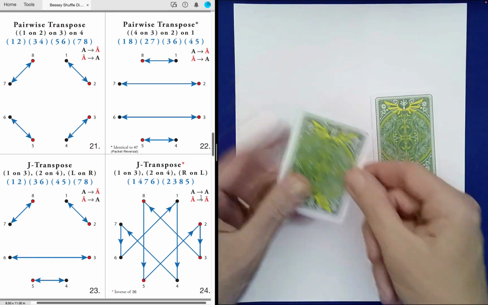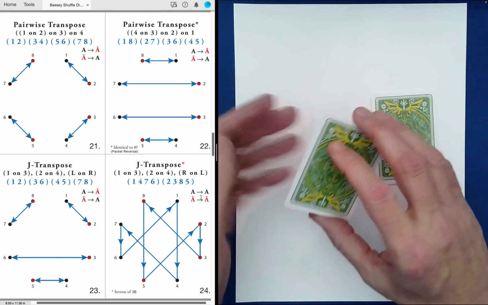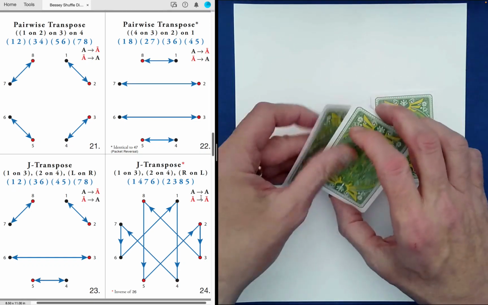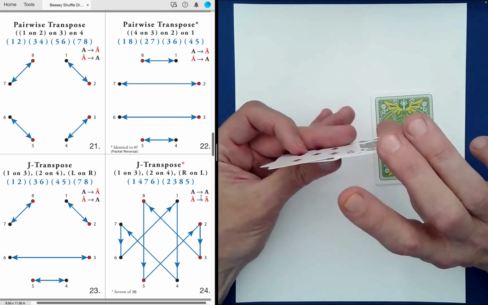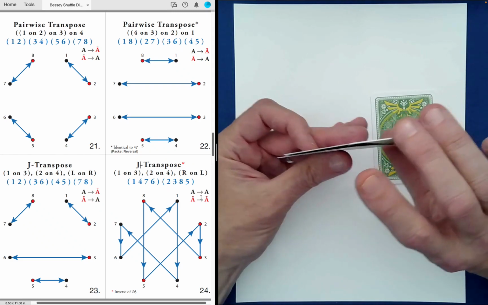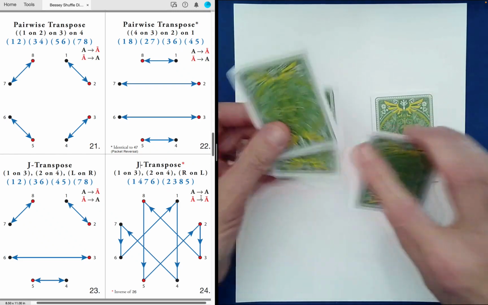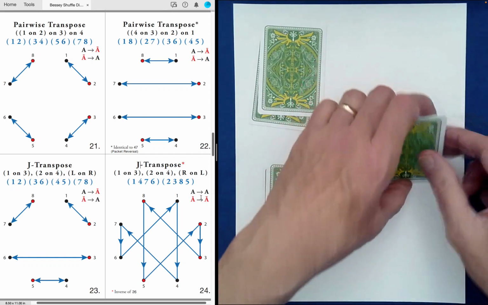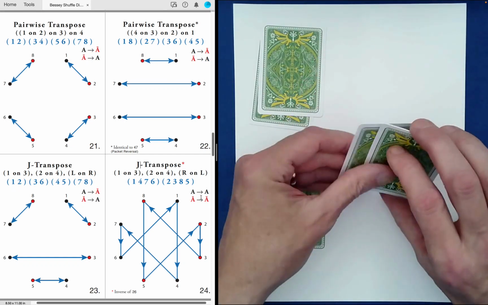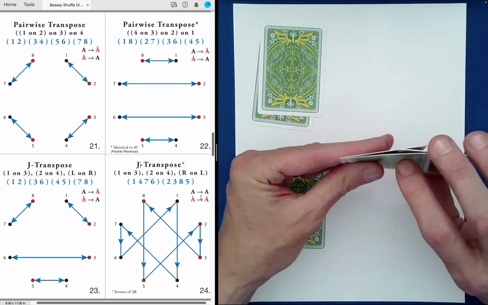Okay, so what I did, which I fumbled with because of these cards being a bit sticky. So a Klondike is where you pull the top and bottom card off as one. You're taking the top and bottom off as one. Hopefully there's just one there. That leaves me with two. Same thing here. Top and bottom off as one.